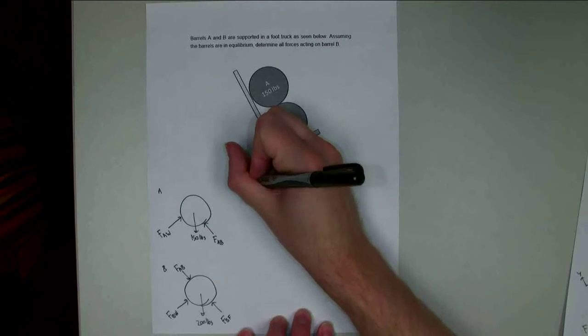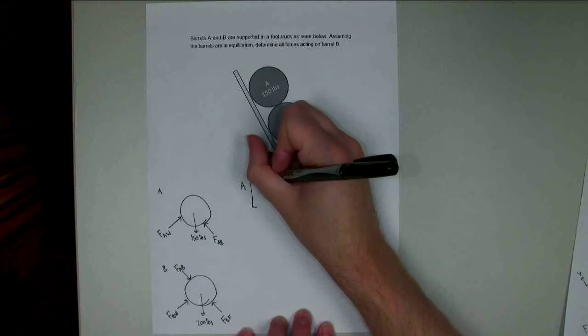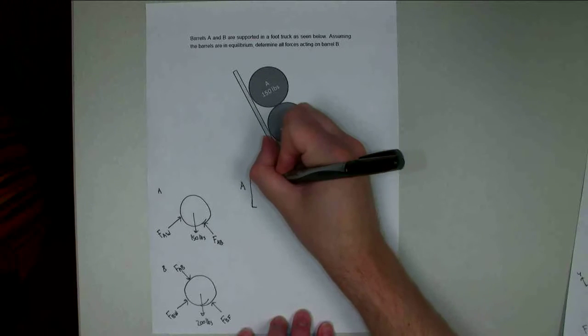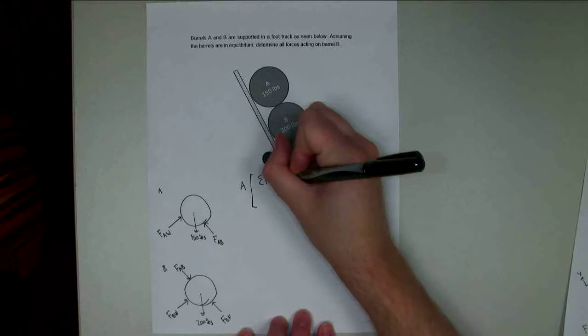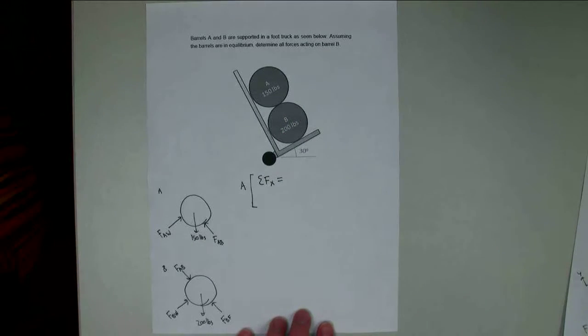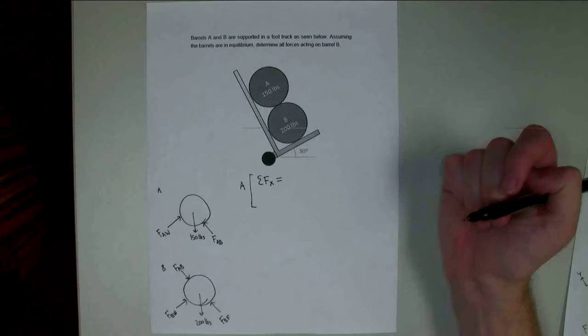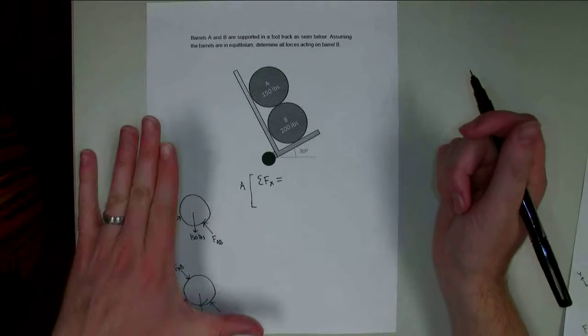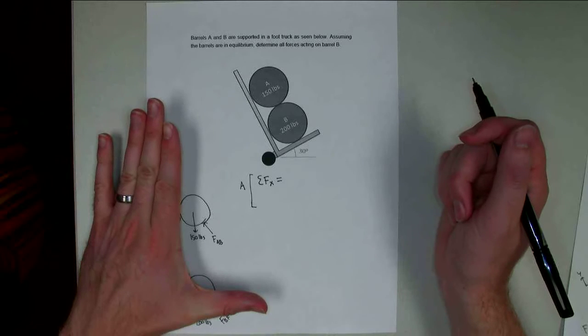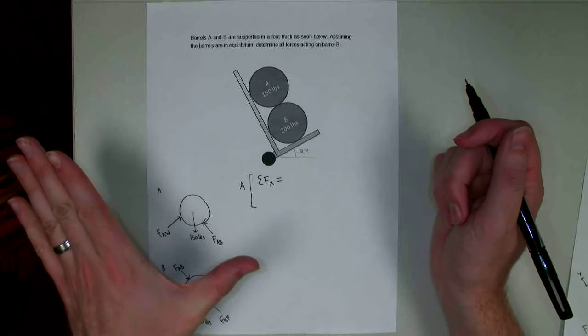Alright, so barrel A, let's do sum of forces in the X. And this is the point where I'm also going to point out something else. The X and the Y directions, usually I do horizontal and vertical, but in some cases it's beneficial to tilt the axes.